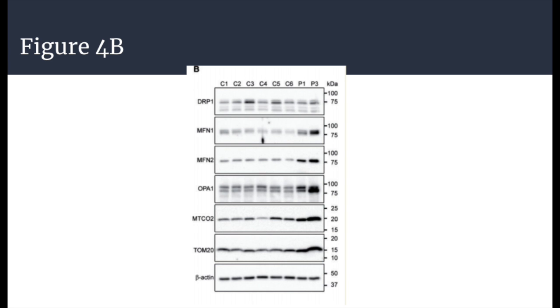Figure 4b shows Western blot analyses of 14 milligram proteins extracted with 1.5% N-dodecyl beta maltoside from control C1 to C6 and patients 1 and 3 fibroblast cultures. The blots were probed with antibodies raised against DRP1, MFN1, MFN2, OPA1, MTCO2, and TOM20 as indicated. An antibody raised against beta-actin served as a loading control.